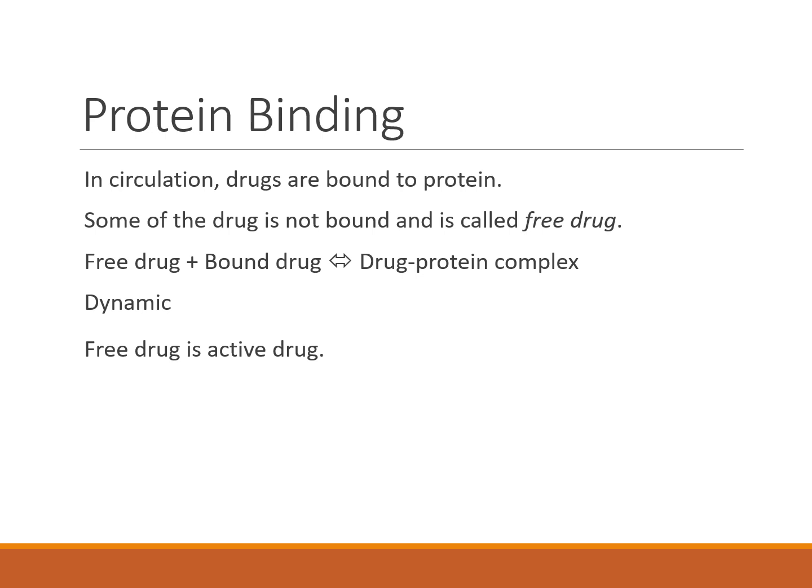And so that's where we get a little nervous that if someone has, say, an albumin of 2.4, and we give them a very highly protein-bound drug, they're probably going to have some toxicity, because it's free in the body. It's going to do whatever it wants to do. It's not going to go where we want it to go.